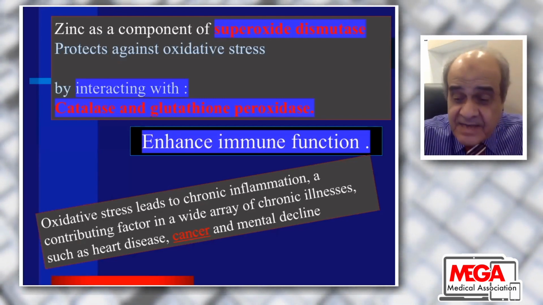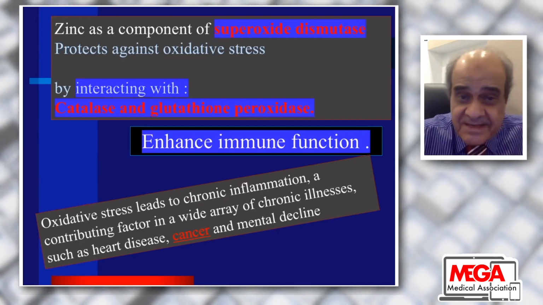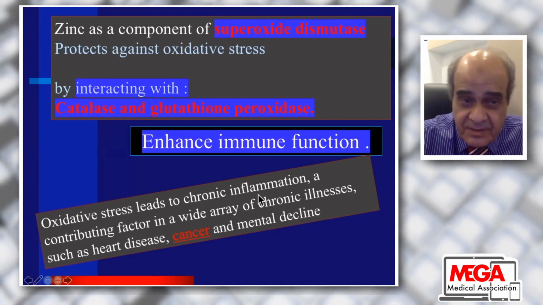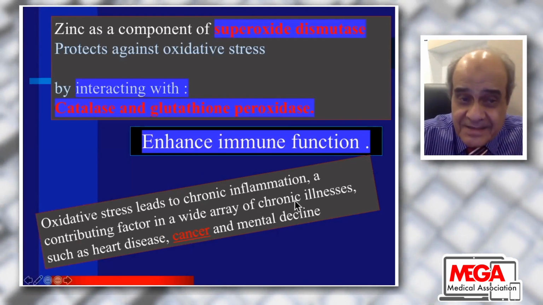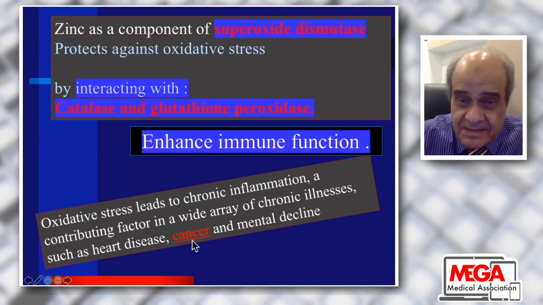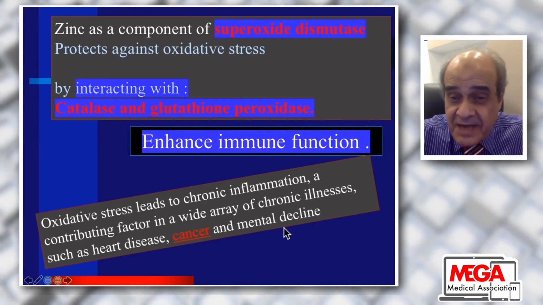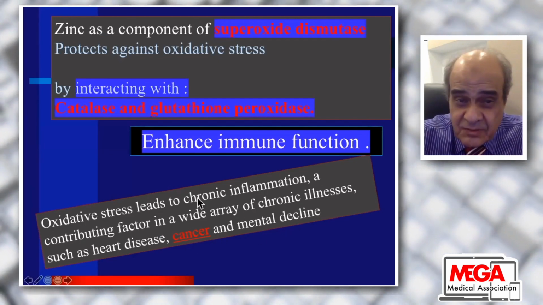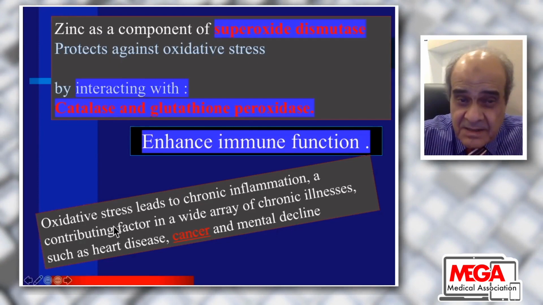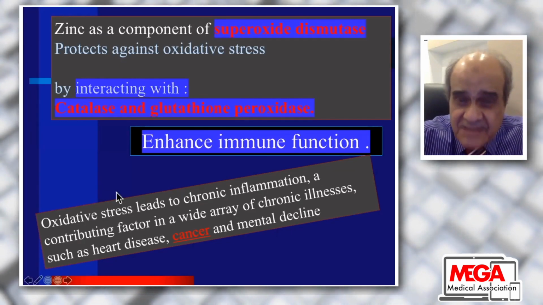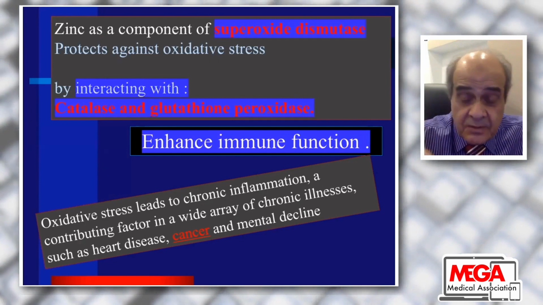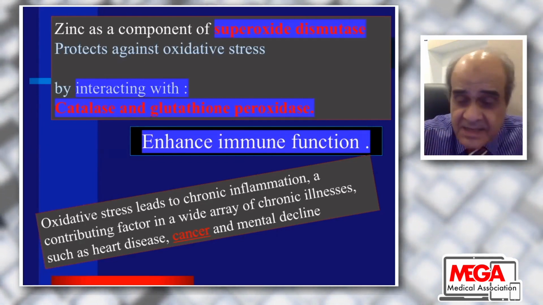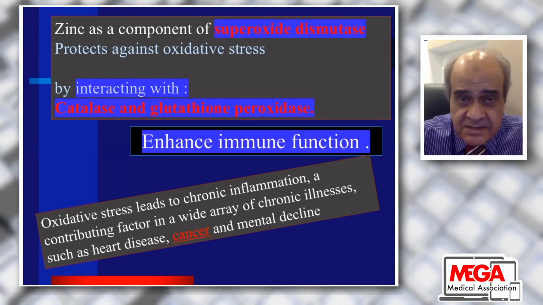And as we know, oxidative stress leads to chronic inflammation, a contributing factor in a wide array of chronic illnesses such as heart disease, cancer, and mental decline. All of these are long-standing diseases, in which the patient suffers from an oxidative or inflammatory state. Zinc is beneficial in such states.